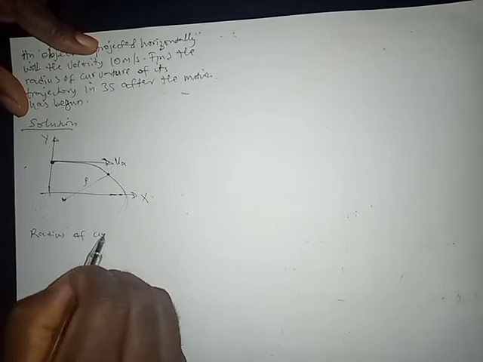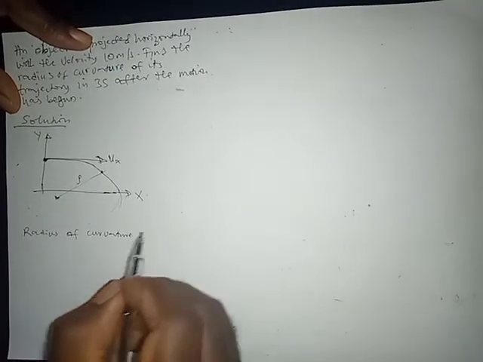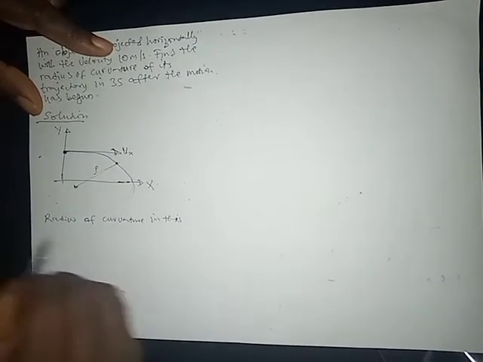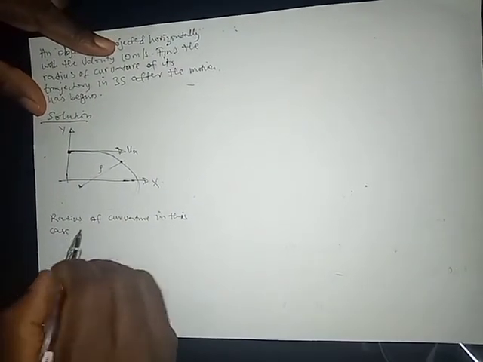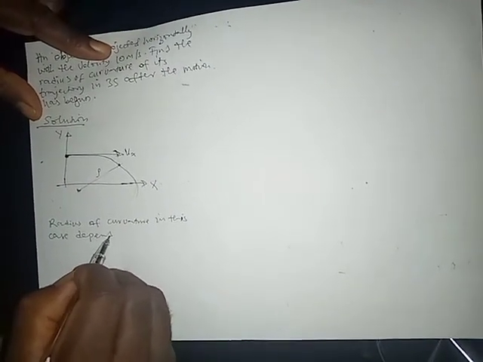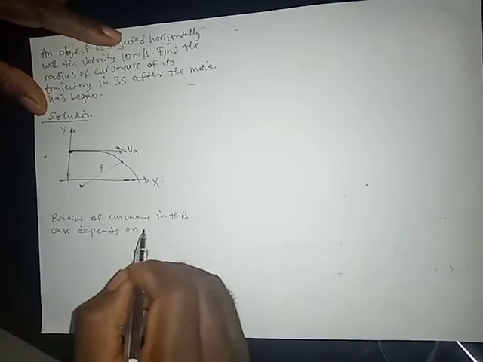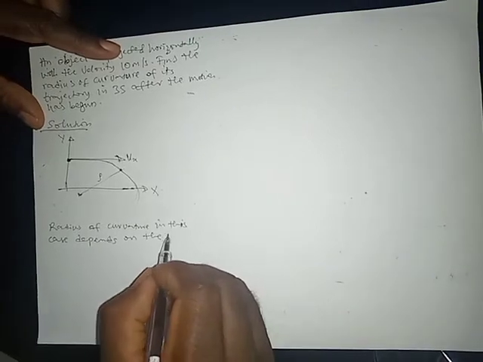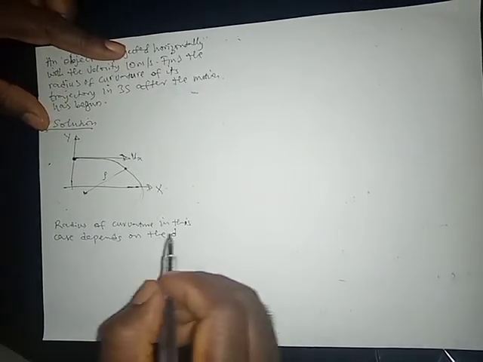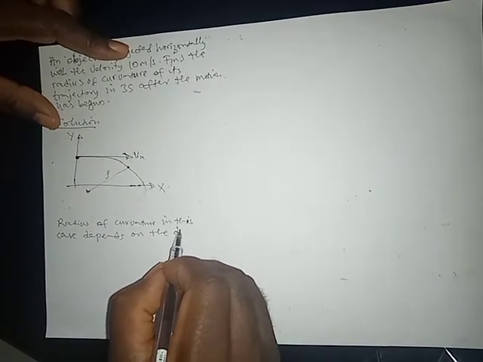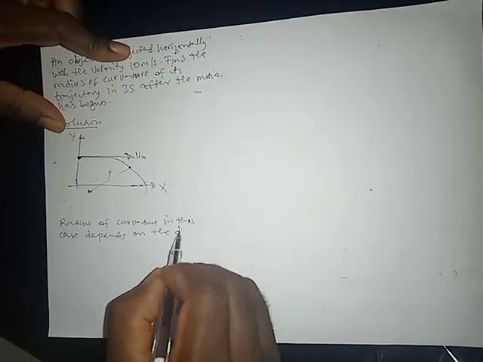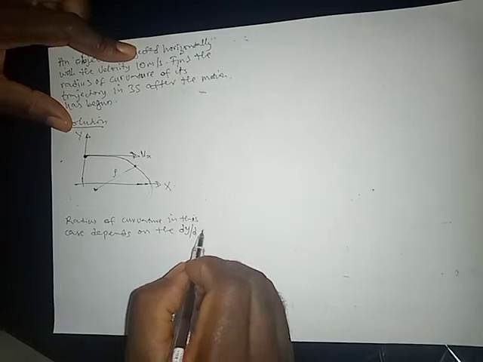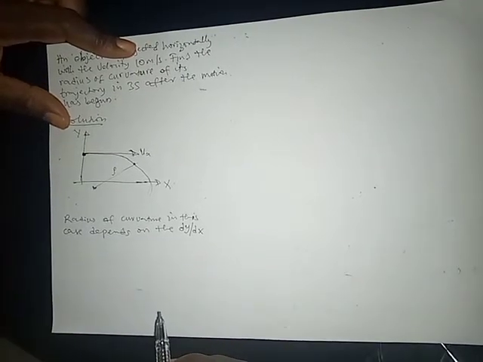That rho, the radius of curvature in this case, depends on the rate at which the vertical displacement of the object changes with respect to the horizontal displacement of the object.